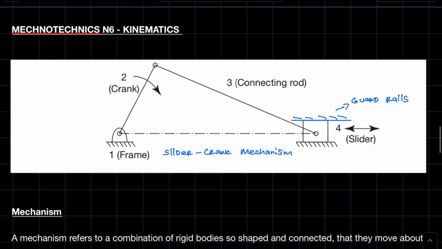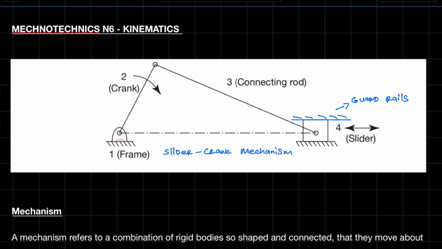So remember, the fixed link here is frame 1. And then this other fixed link is not labeled as a fixed link, but it is important to note that this here, the guardrails, or this frame, is also a fixed link. Again, it is going to be important to note that when we draw the velocity diagram.